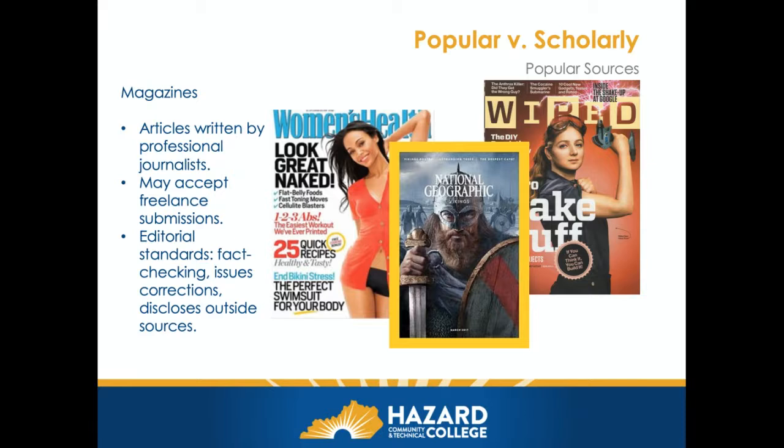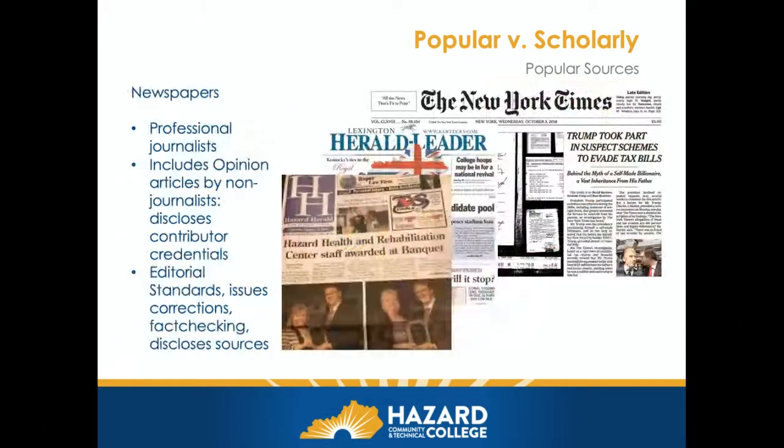Some of them will disclose them on their website. You can go to the website and look at their standards. They do fact checking, they issue corrections, and they disclose outside sources. They may disclose sponsors. So that information is there. These are not bad sources, but they would not be considered scholarly or peer-reviewed or academic.